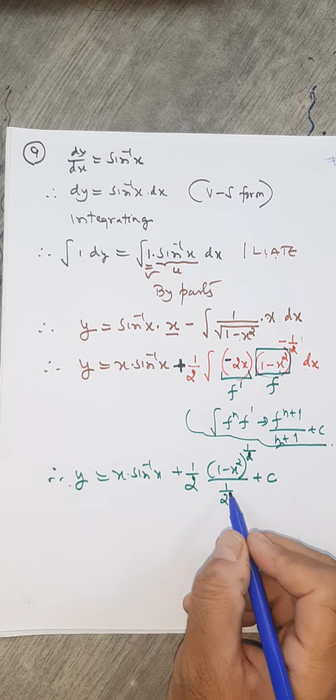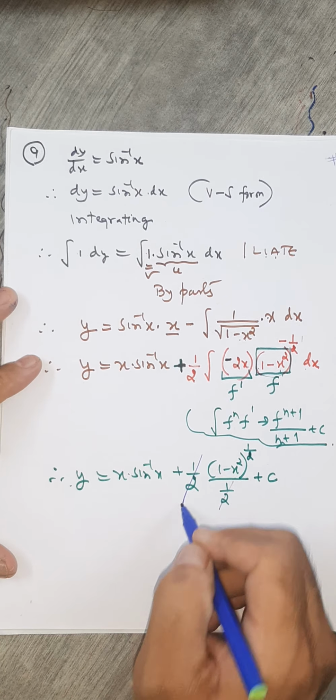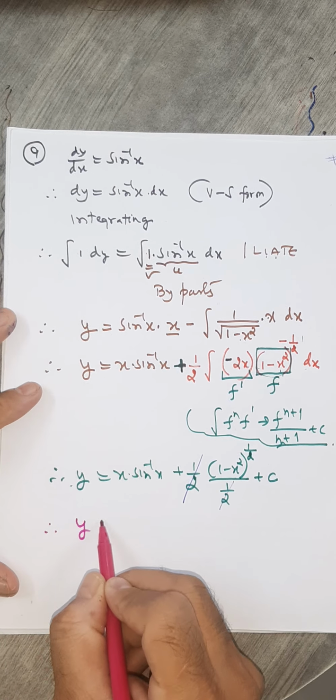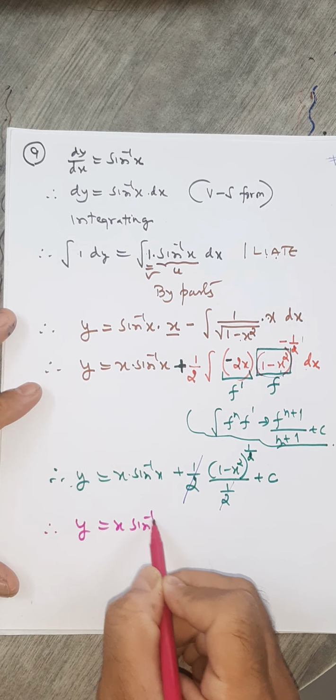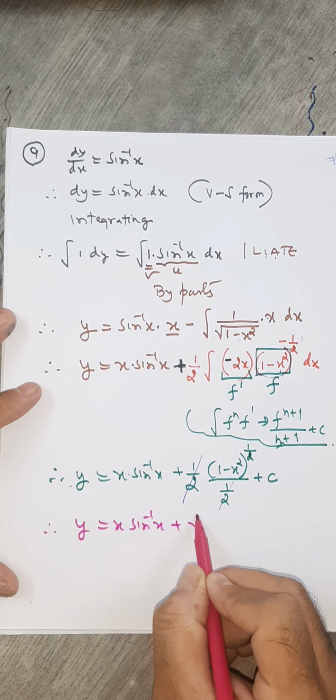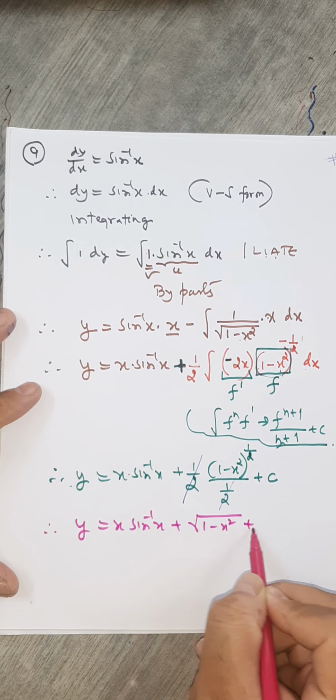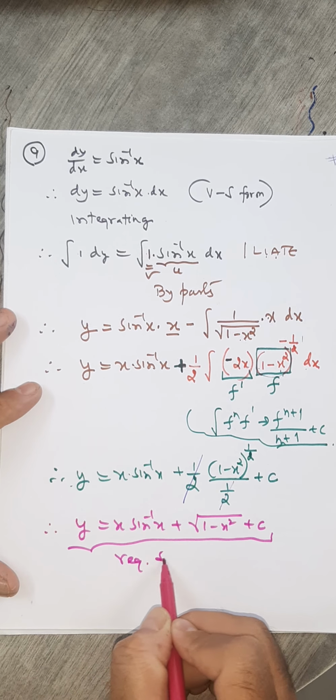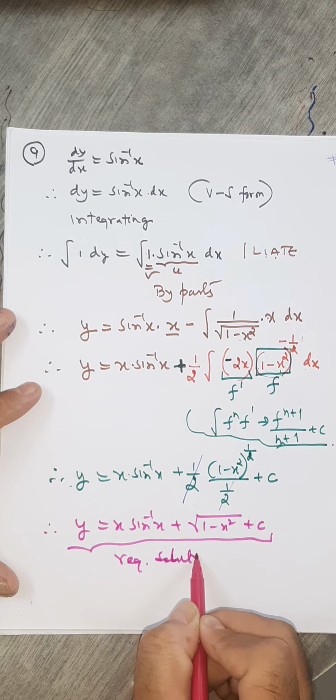Okay, so this half will goes away. So your final integral would be here y equals to x sine inverse x plus, this is root of 1 minus x square plus c. This becomes the required solution here, required solution of the given differential equation.